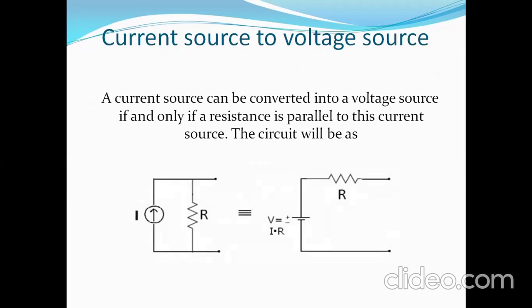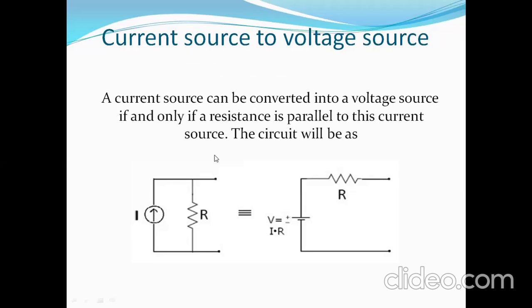In the left hand circuit, we can find that we have a current source, and here the resistance is parallel with the current source. So what is the condition? The current source can be converted into a voltage source. That means, to convert from a current source to a voltage source, the basic requirement is if and only if a resistance is parallel to this current source. So here it is in parallel on the left hand side.